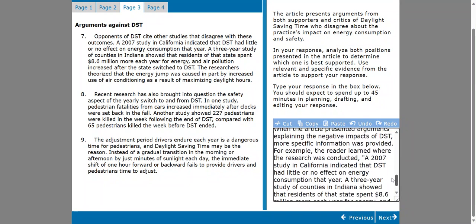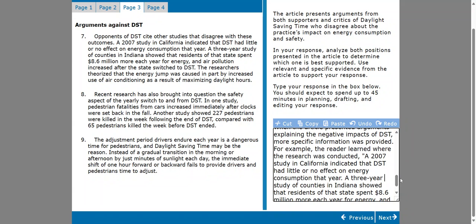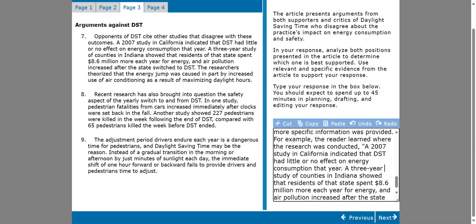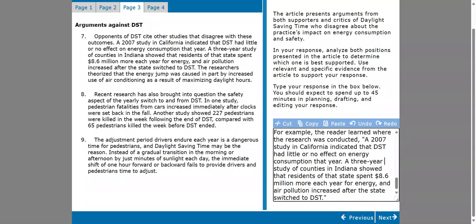Okay, so now I have these two examples here: a 2007 study in California, and then a 3-year study of counties in Indiana.